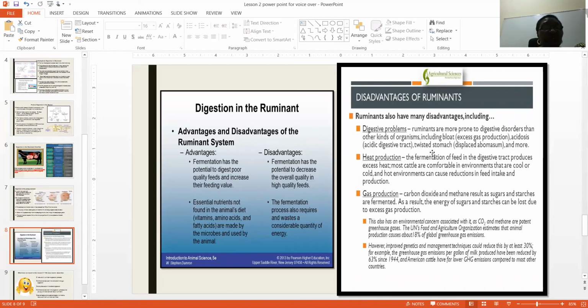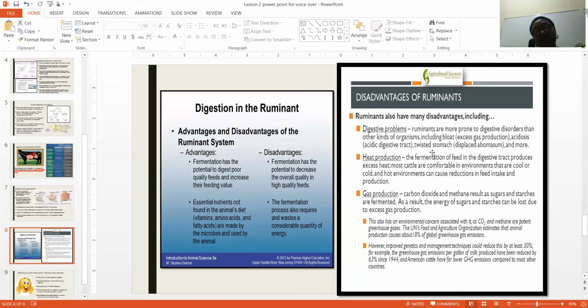So a lot of the B complex vitamins can be synthesized by these microorganisms. And because the microorganisms reside in the rumen, they die and are absorbed, and these nutrients now become available to the animals. And therefore, the feeding of such nutrients is not too critical when you are considering ruminant animals.